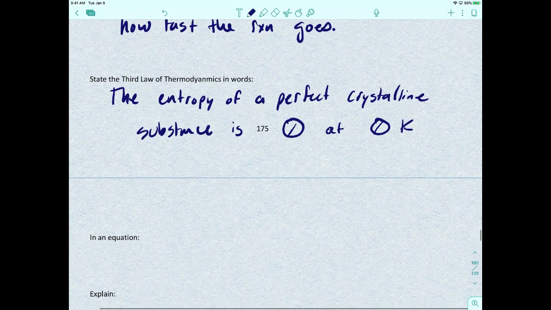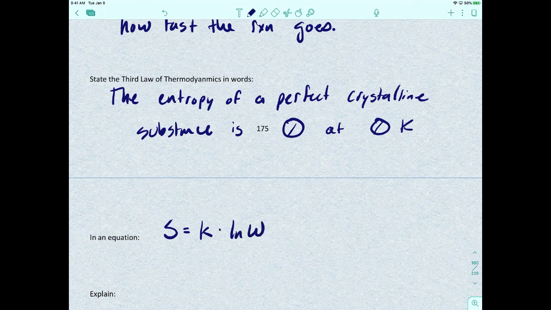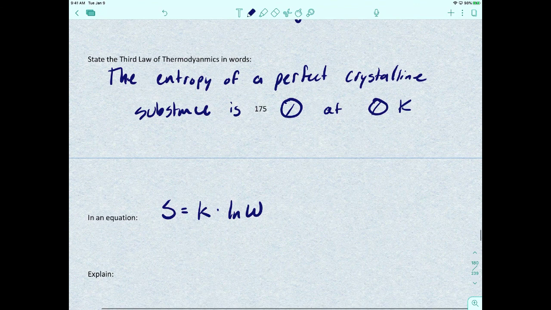If we were going to use this in an equation, if we go back to the Boltzmann equation, entropy is equal to Boltzmann's constant times the natural log of W, where W is the number of microstates.